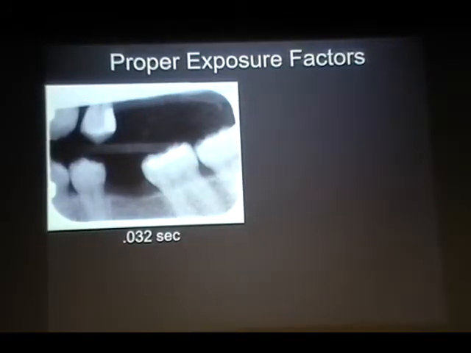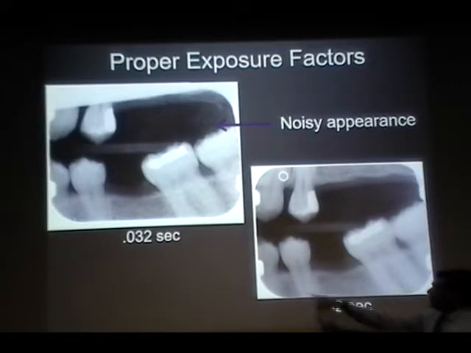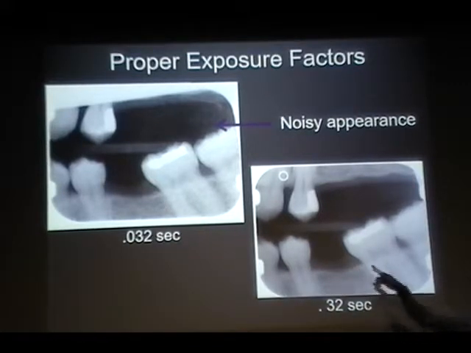So let's take an example. Since we are using a digital image, we may not see a lot of difference when you change the time. But if you are going to use film down the road in your practice, or something called faster plates or PSP plates, then if you miss that, you could see the difference between 2 images.